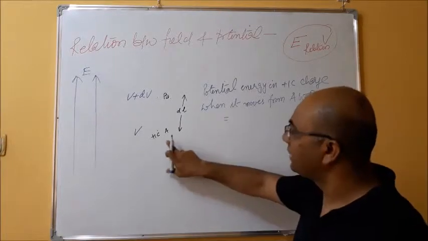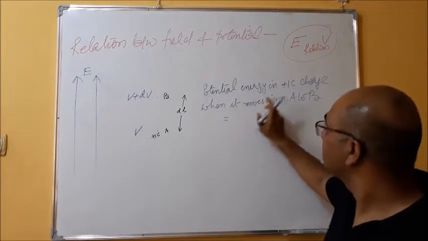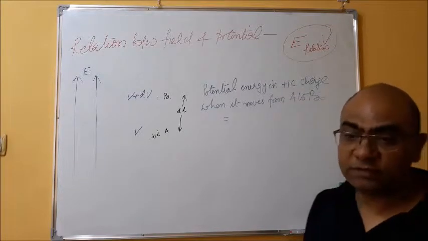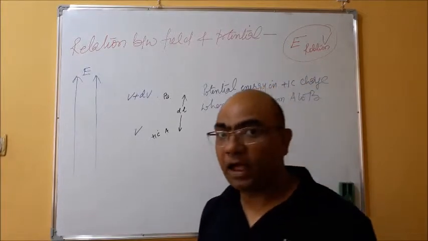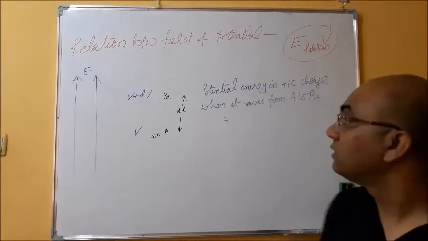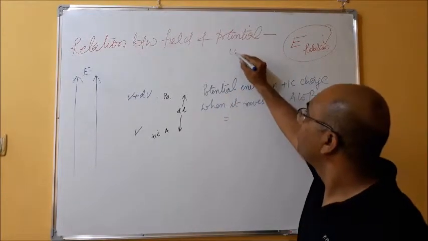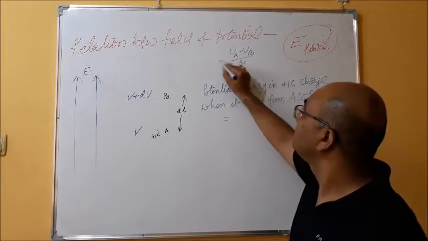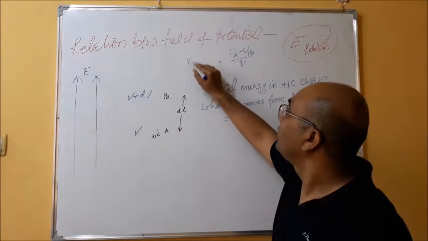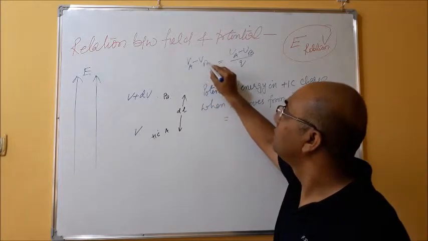Since the value of charge is plus 1, potential will equal the potential energy. I have told you in previous class that the potential energy UA minus UB divided by Q is defined as VA minus VB, right?